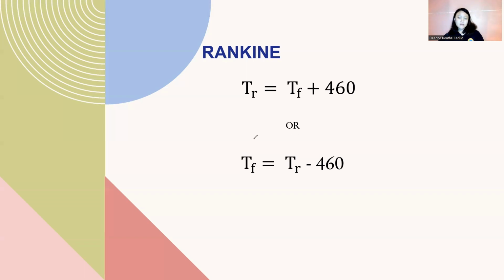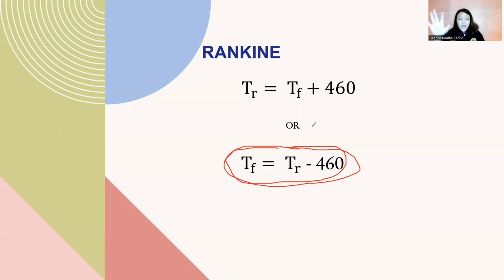Or temperature Fahrenheit is equals to temperature Rankine minus 460. Which is kapag ang tanong ay hinahanap ay Fahrenheit from Rankine to Fahrenheit. Kapag hinahanap na temperature scale is Rankine to Fahrenheit, it means ito ang gagamitin nating formula.